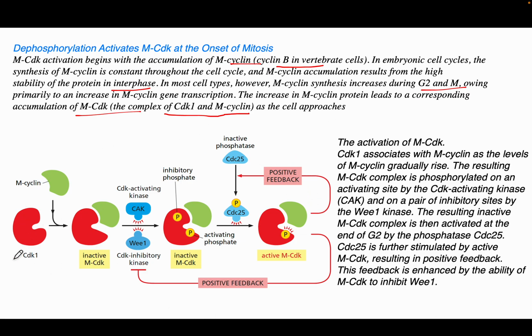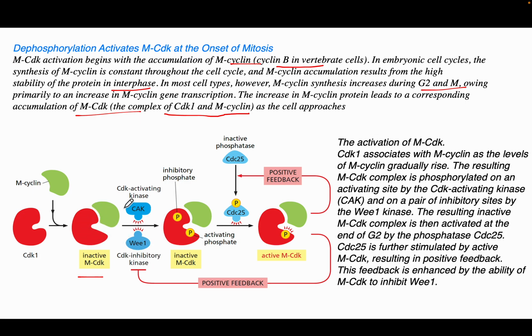In this picture we can see CDK1 and M cyclin get attached, and they make a complex, but this is inactive MCDK. When CDK activating kinase comes and phosphorylates it, then it will be active. But along with that, the inhibitory kinase Wee1 is there, which can also phosphorylate at an inhibitory site.